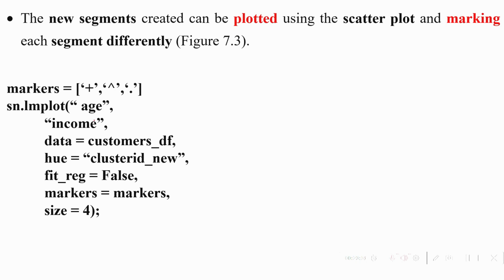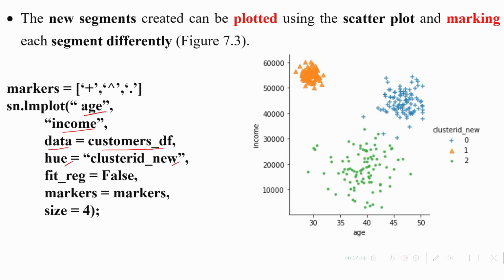Age is on the x-axis and income on the y-axis, with data equal to customers_data frame, and hue equal to the new cluster IDs, to assign the corresponding colors, fit_reg equal to False, markers equal to markers, size equal to 4. So this is our representation of our data set.